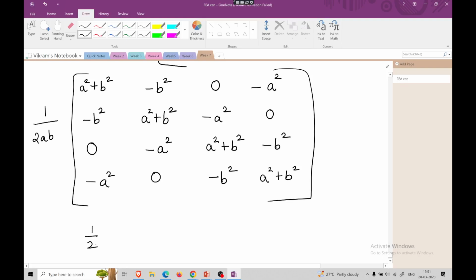Okay, let me try to draw. Suppose you have a domain like this, and first of all, for the case of symmetry, we need all four conditions to be symmetric. Can you say what the four parameters are which need to be symmetric?